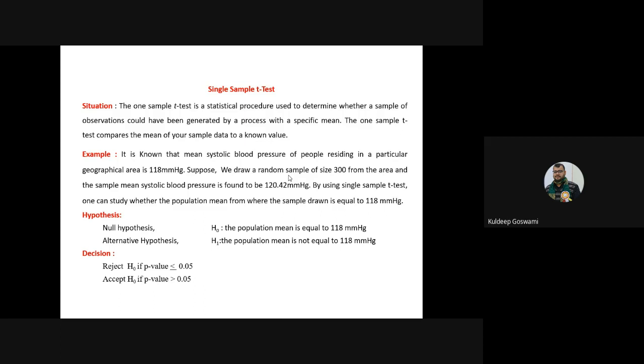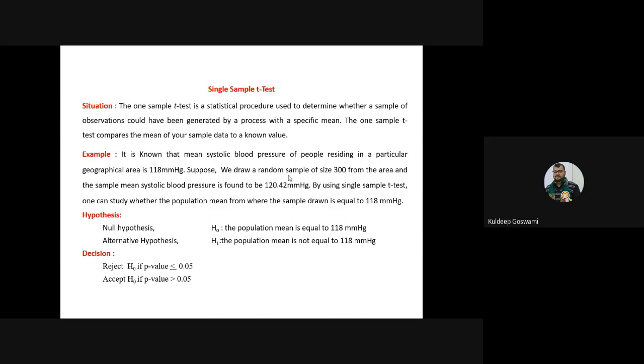Here, the null hypothesis is the population mean is equal to 118 mmHg, which we have got from the previous literature review or previous analysis. The alternative hypothesis is the population mean is not equal to 118. Okay.